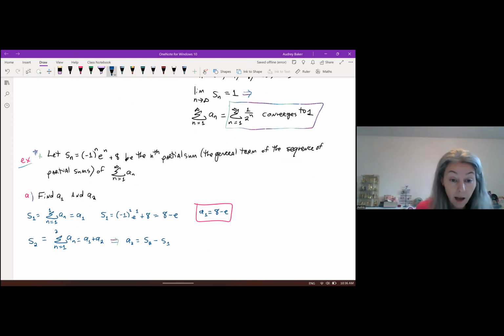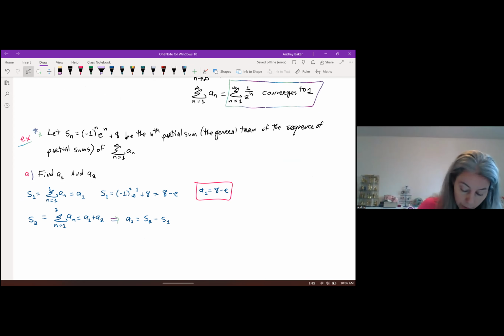I already have S sub 1, so let's calculate S sub 2. S sub 2 is equal to negative 1 squared, e squared, plus 8, so that's actually 8 plus e squared. So a sub 2 is 8 plus e squared minus 8 minus e. Those 8's cancel out, and I end up with a sub 2 equal to e squared plus e.